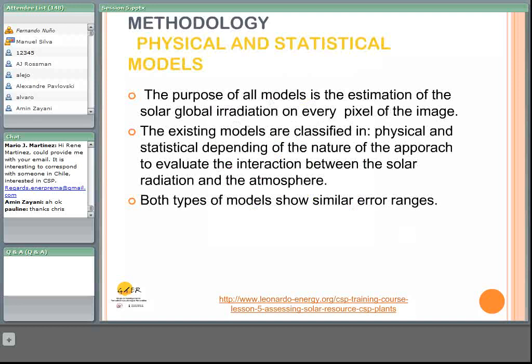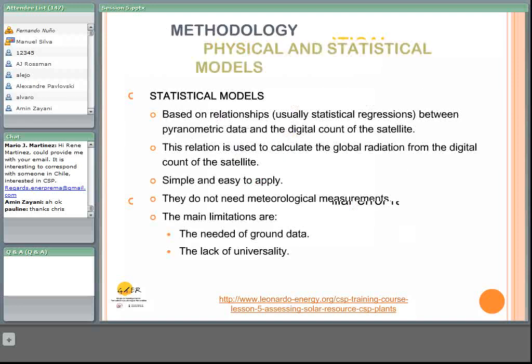Satellite estimations rely on different types of models, physical and statistical models mainly. The purpose is always the same, to estimate the global solar radiation on all the pixels of the image. There are statistical models, physical models, and some models that combine the characteristics or the methods of these two types.